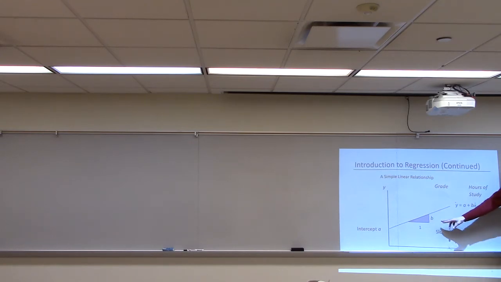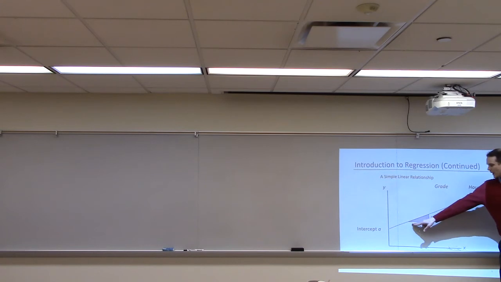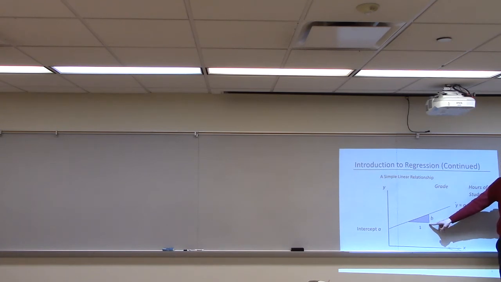All right, it's the rise, so for a 1 unit change in x, how much change would we expect in y? So it's about 0.5. So for 1 unit change in hours of study, we would expect your grade to change about 0.5.